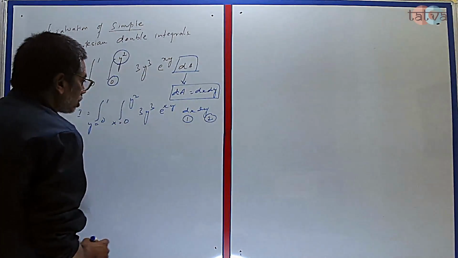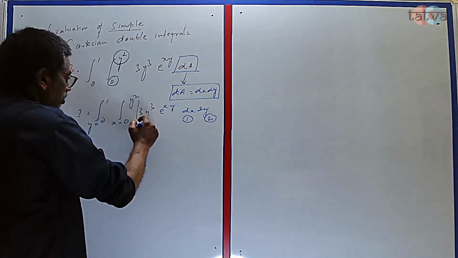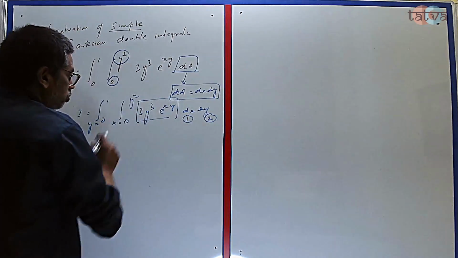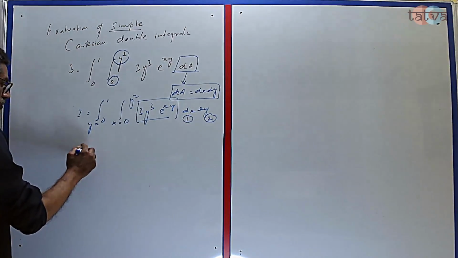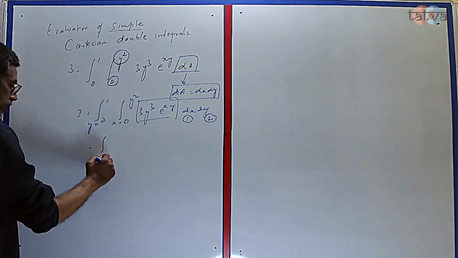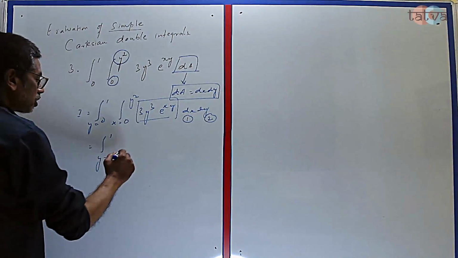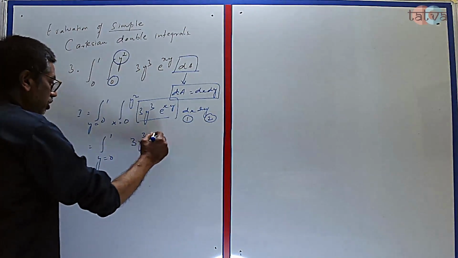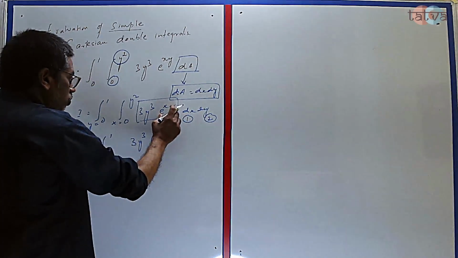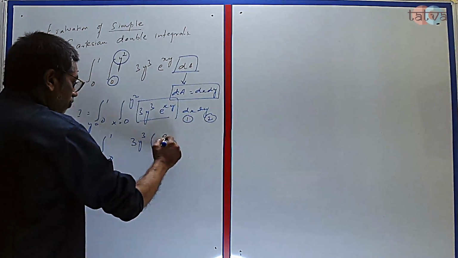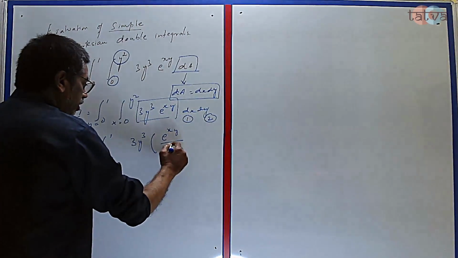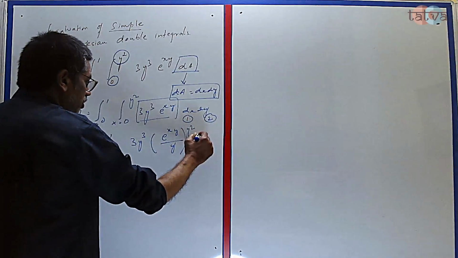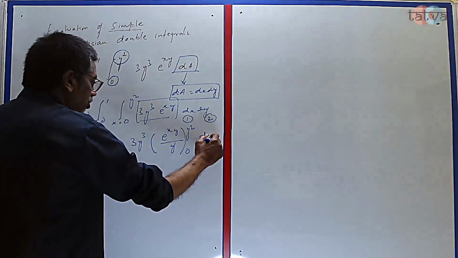Now, let us analyze this function. With respect to x, 3y cubed remains a constant. So we will have integral y equal to 0 to 1, 3y cubed remains constant. Integration of e power xy with respect to x will be e power xy divided by y, with limits 0 to y squared for the variable x.